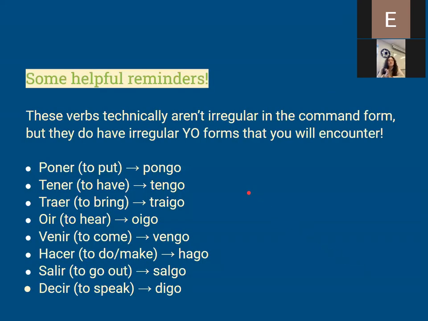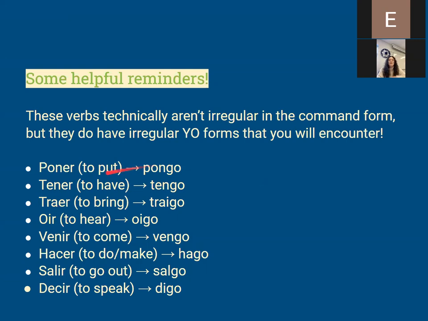Now, some helpful reminders. The verbs that I have listed below are technically not irregular in the negative informal command form, but they have irregular yo forms. So they're almost irregular in the command form.